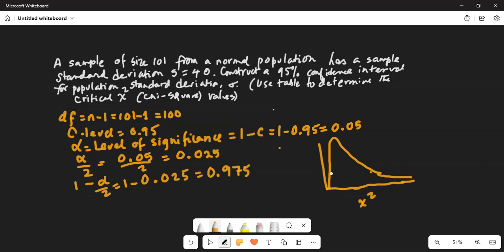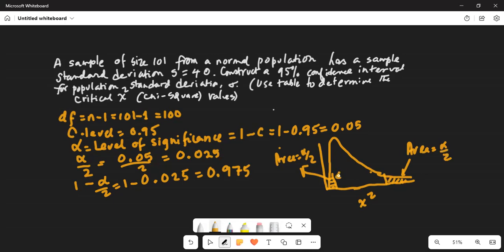Since our level of significance is alpha, we divide the curve: this part has area alpha by 2, and this part is also area alpha by 2.